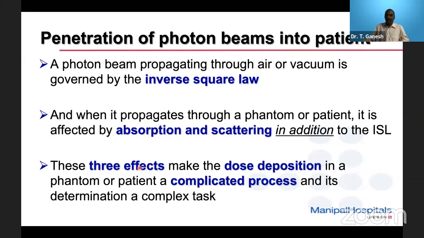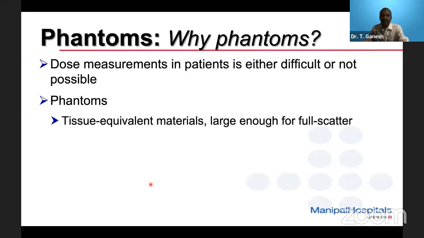Now, these three effects together make dose deposition in a phantom, or for that matter in a patient, a very complicated process and its determination a complex task. Why do we have to use phantoms?